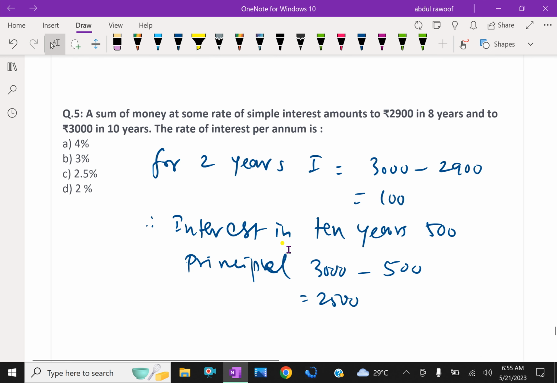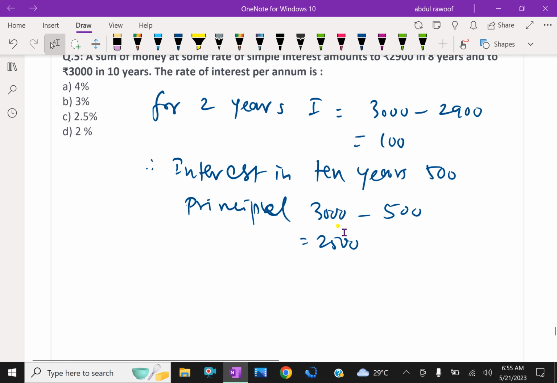Interest in 10 years is 500, therefore principal amount is 3,000 minus 500 is 2,500.